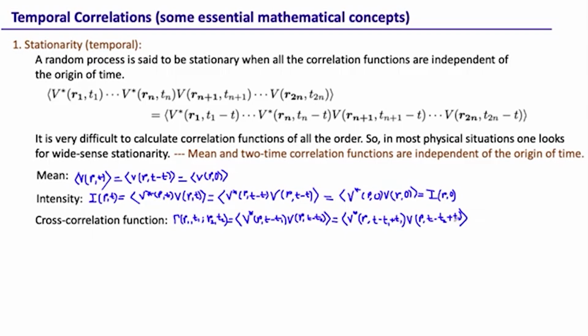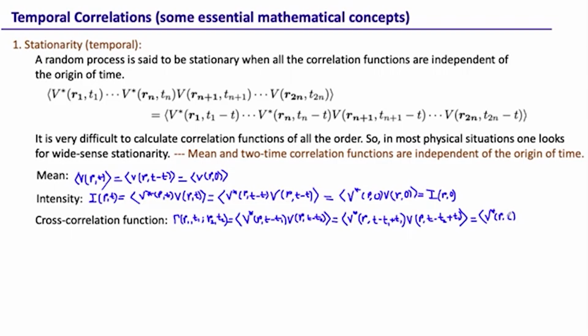Now if this is the case, then this is equal to V star (r1, t), since minus t1 plus t1 goes away.